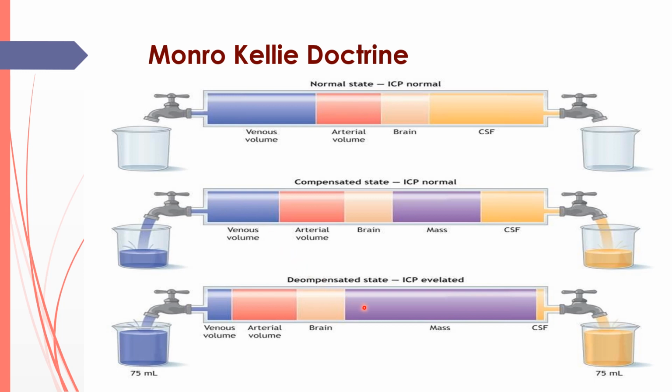As the mass increases in size, you can see the CSF and the blood volume are completely decreased. This is the decompensated state. This is called the Monro-Kellie doctrine. Again, this term you will hear in the CSF. This is one of the important viva questions, or you can also get it in your exam.